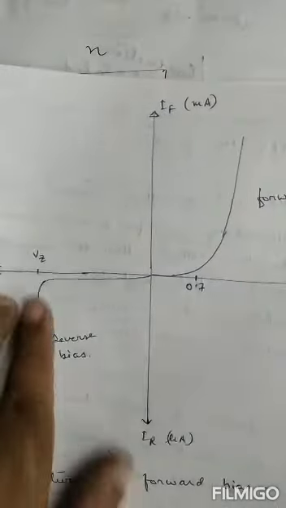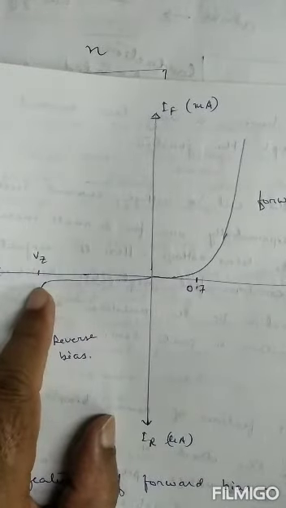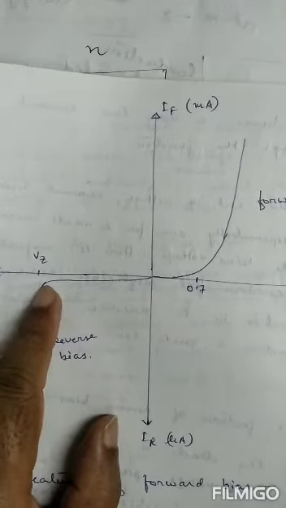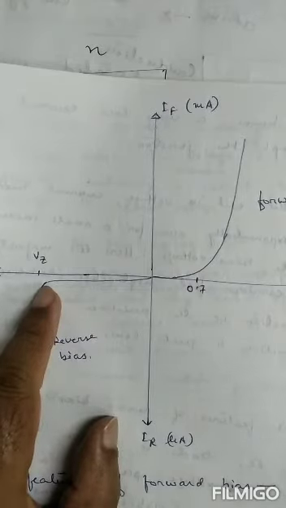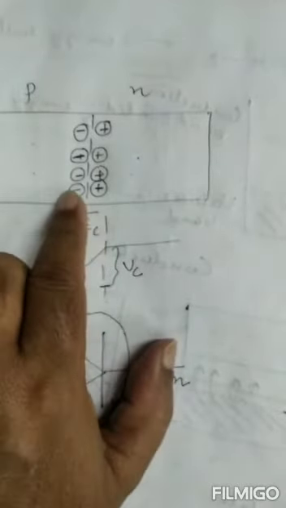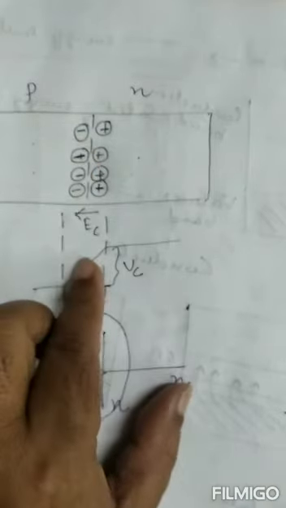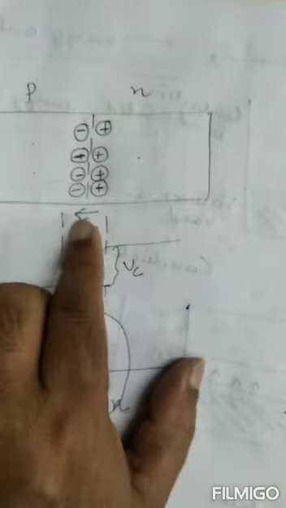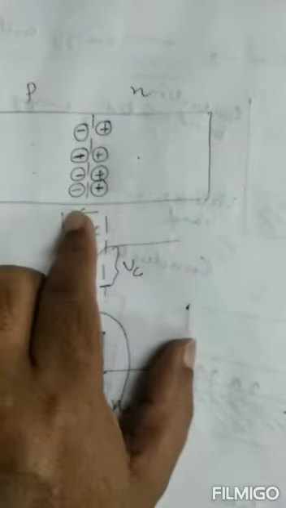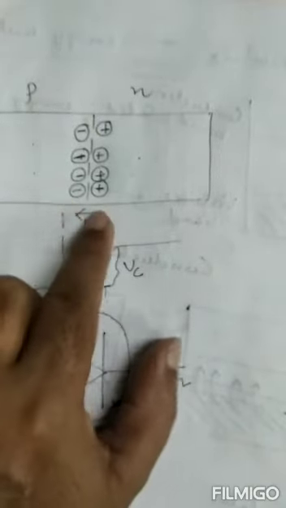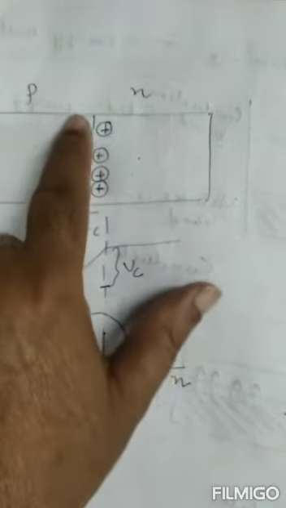Because when the applied reverse bias potential is very large, this large potential difference across the junction creates a high electric field, due to which it will pull the innermost electrons from the p side of the crystal. As a result, a large number of electrons are created here and current through the junction becomes very large.